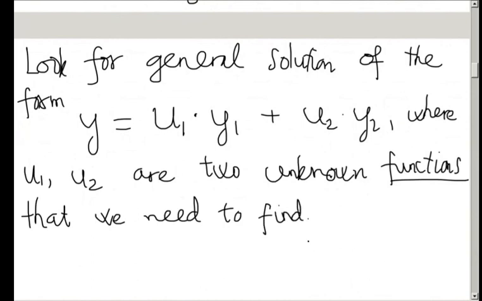So we are introducing two new unknowns. You may say it's much more complicated, right? Because we introduced two new unknown functions. But it turns out that the method will work.